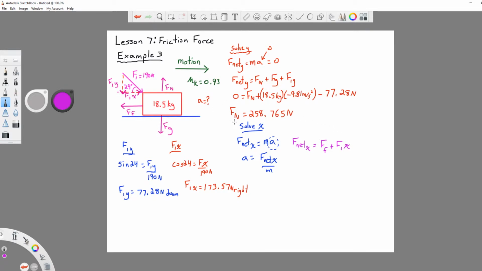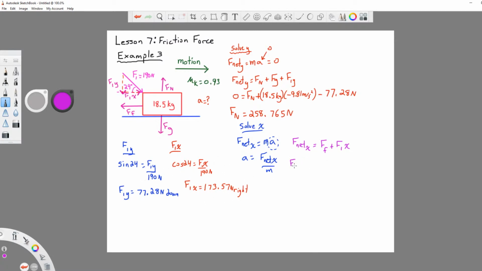I think those are the only two forces we've got going on in this x direction. Let me look at my cheat sheet here. Yes, those are the only two we've got going on. Force of friction, F1x. And they're moving in opposite directions. Okay. So I think we can more or less solve for that because we already solved for F1x here.